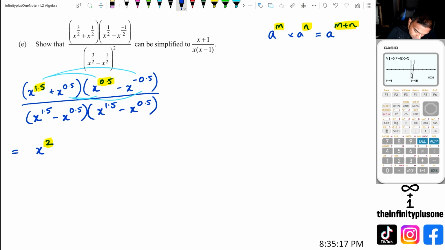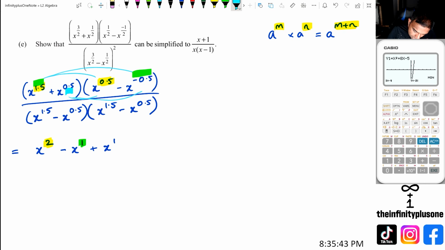The next one I'm going to get is minus x to the power of 1. If you're wondering where I got that, I take the 1.5 minus 0.5, and that gives me negative x. Now I do the same for the bottom one. I'm going to get plus x to the power of 1. So this green one is actually from here.